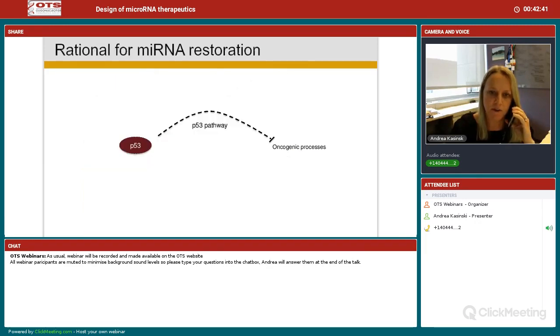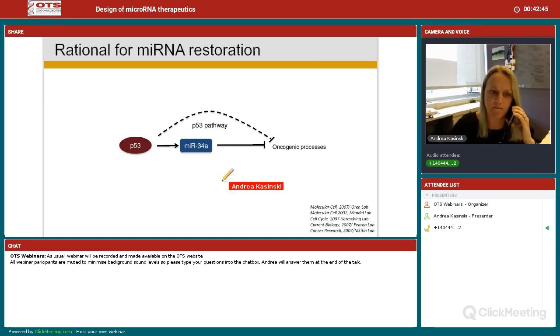What about for situations where you want to restore a microRNA? And again, looking at miR34 as an example, there's 3 family members. They're all downstream of this heavily mutated gene in human carcinogenesis, P53. And so in P53 mutated tumors, the expression of miR34 is greatly diminished.